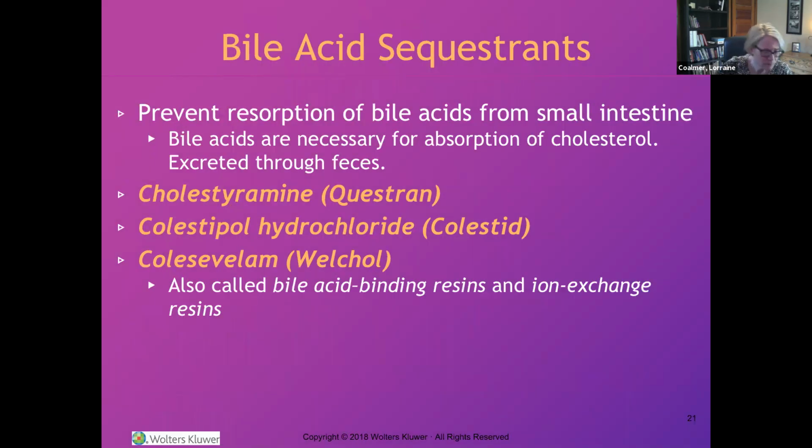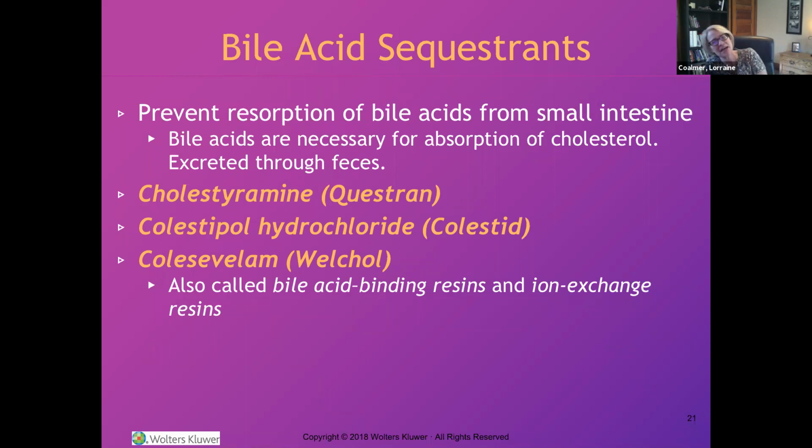Okay. Bile sequestrants. They prevent the reabsorption of bile acids from the small intestine. You want to get rid of those. So you might see Questran. You might see Colestid, I haven't seen that, but Welchol, all I want to say about Welchol is they have found it helps diabetics with glycemic control, and it helps bring down the hemoglobin A1C.